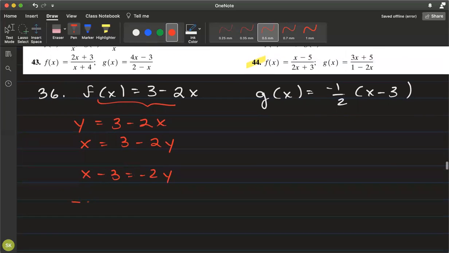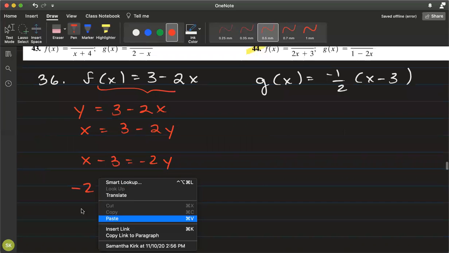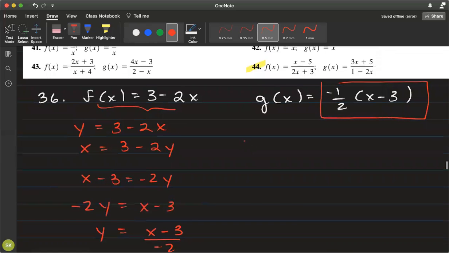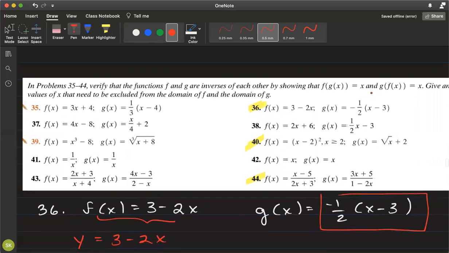So we can flip this: negative 2y is x minus 3, and then divide by negative 2. So we get y is equal to x minus 3 over negative 2. And you can compare this with this one here. This one just has this negative 1/2 written in the front. So they are inverses. But what this problem wanted us to do was to actually compose the two functions.